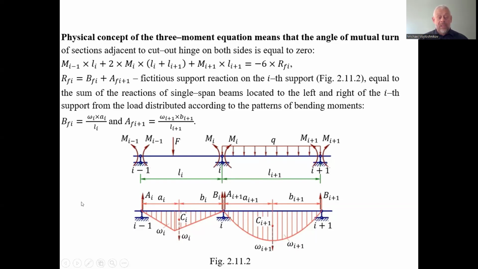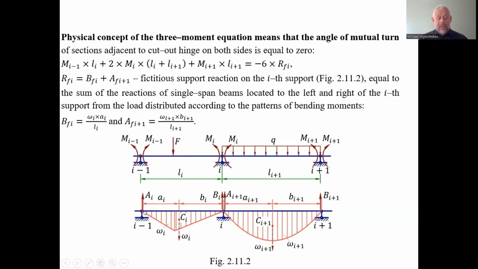And we have concentrated load F and distributed load Q. These two loads act only on the spans number i and i+1, correspondingly the concentrated force F and the distributed force Q. We can determine the reactions in the supporting links, considering separately each of the spans supported by the links with the hinges.